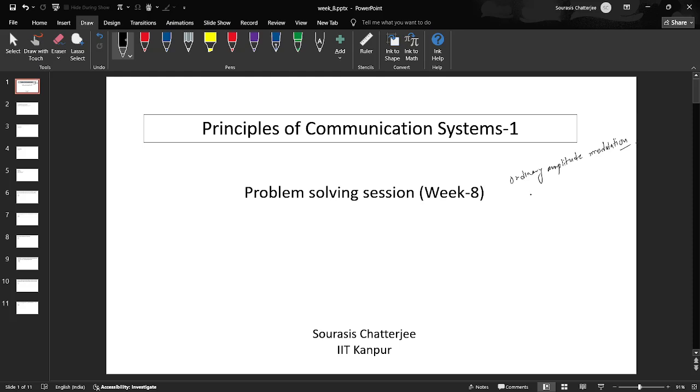Then we saw its limitation, and then we talked about how double sideband suppressed carrier, or DSBSC, takes its place in terms of efficiency, but of course it was not enough.